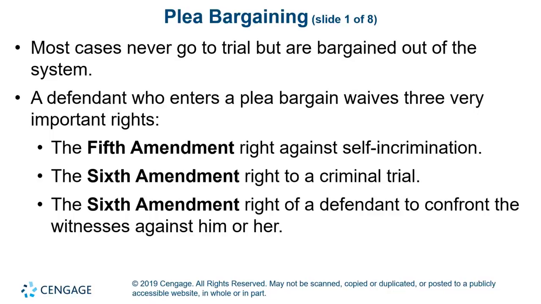The next one is in the Sixth Amendment, which is the right to a criminal trial. And then finally, another one within the Sixth Amendment, which is the right of a defendant to confront the witnesses against him or her. Because of a plea bargain, you're essentially going to enter a guilty plea, but you're going to waive these rights as part of that plea bargain.